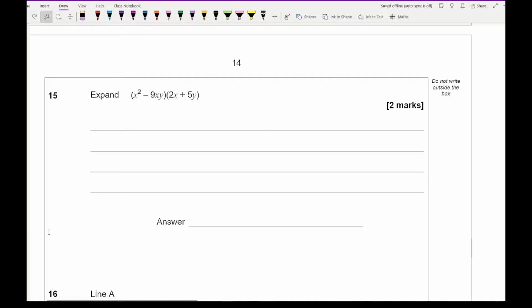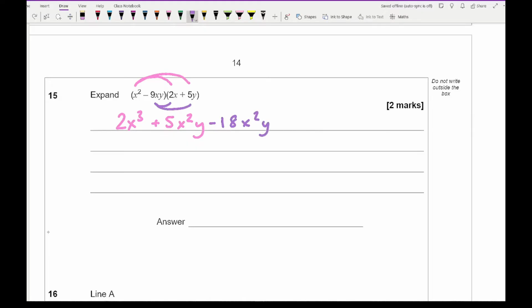Then moving on to question 15, it says expand x squared minus 9xy multiplied by 2x plus 5y. So for this, depending on how you expand your brackets, you may want to use loops, you may want to use tables. Let's just see what we get, but you definitely want to show your working out. So here we end up with 2x cubed, then plus 5x squared y, then minus 18x squared y and minus 45xy squared.